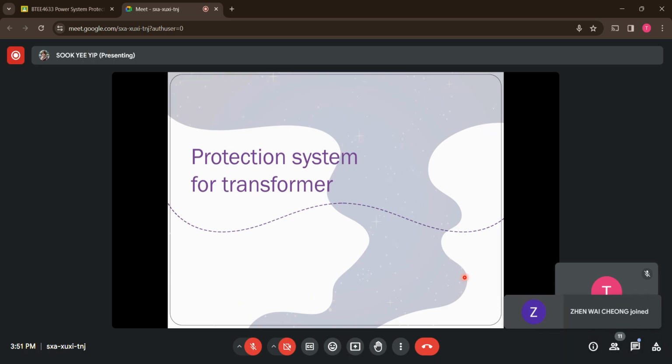Just now we stopped where we learned how the transformer works, following the magnetization curve. It's best to keep its voltage operating near the knee point voltage value so that we can achieve high efficiency in operations.